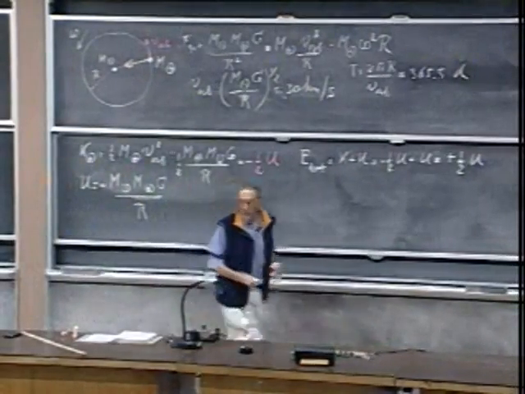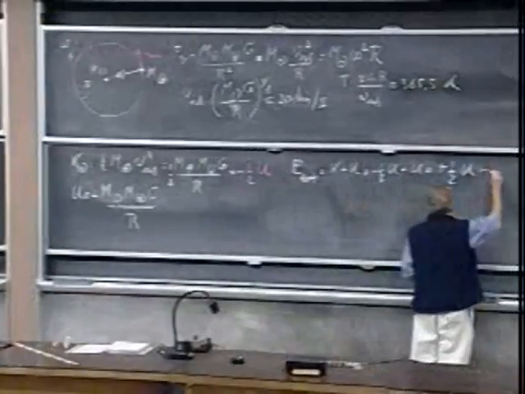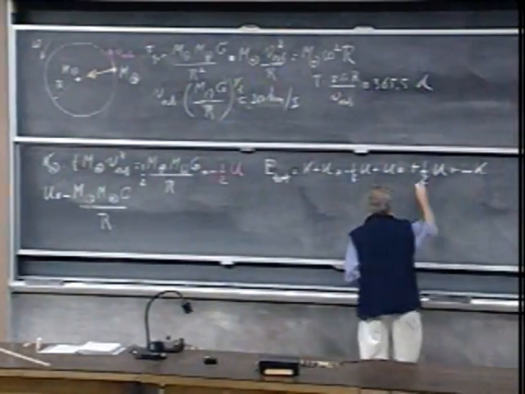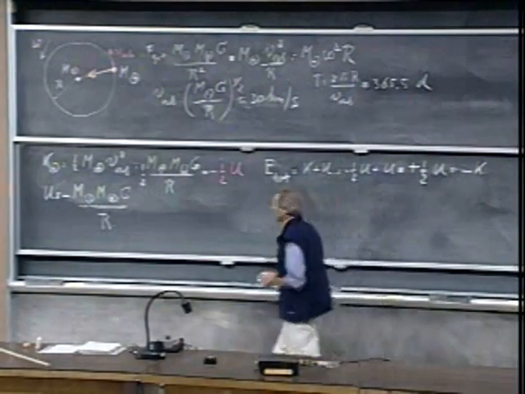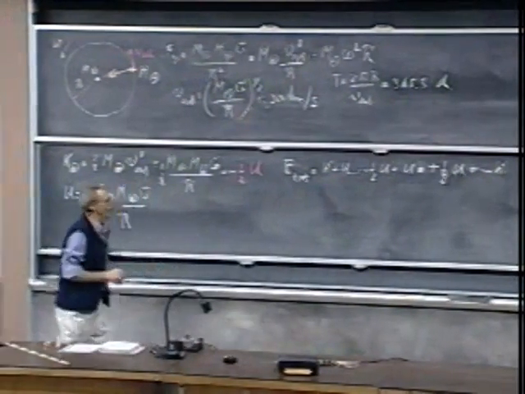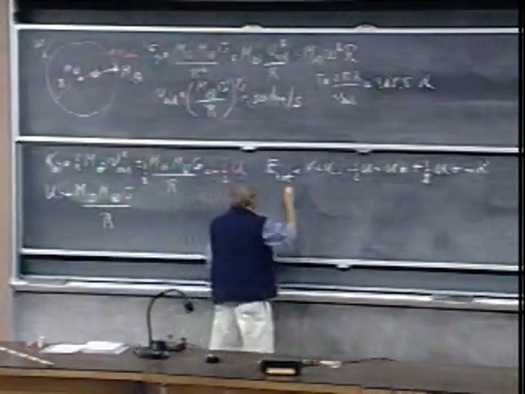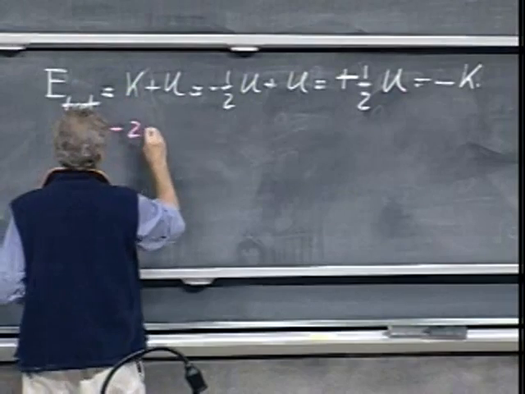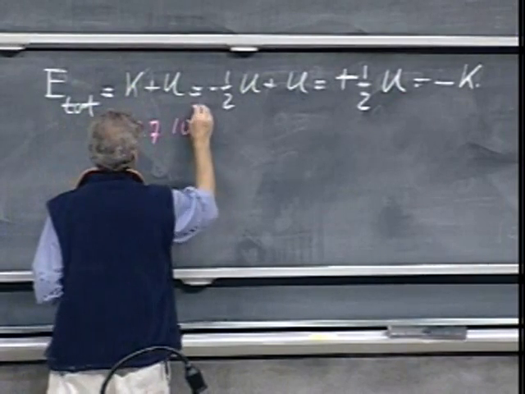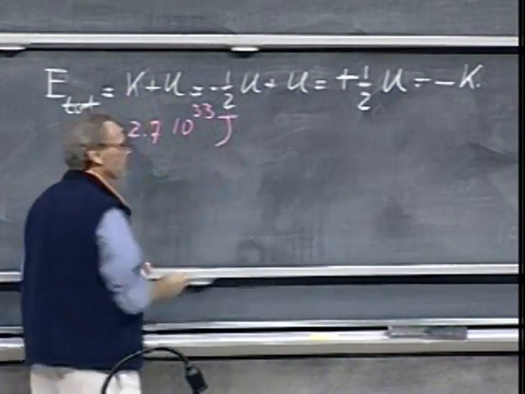It is also equal to minus K. I just calculated for fun how large that number is. It's a negative number, and it turns out to be approximately minus 2.7 times 10 to the 33 joules.